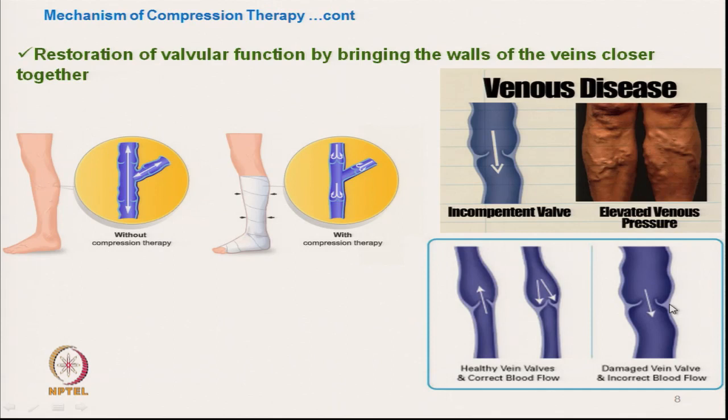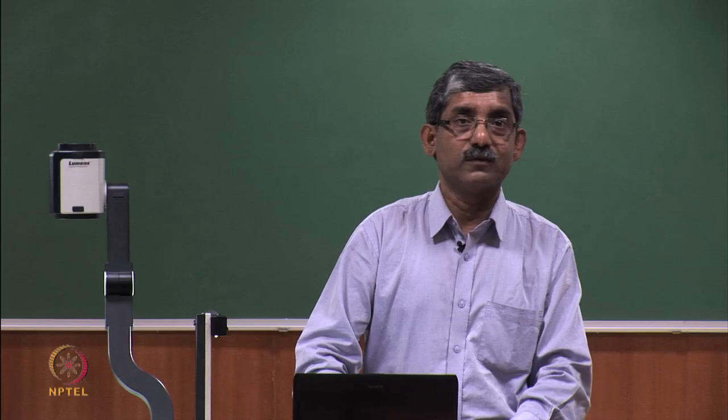Once valve functioning is not proper, if we can by compression bring these walls closer, the valve will start functioning properly again. So, that will actually reduce these venous diseases. These are the diseases due to venous disorder, okay, accumulation of fluid in the tissues.